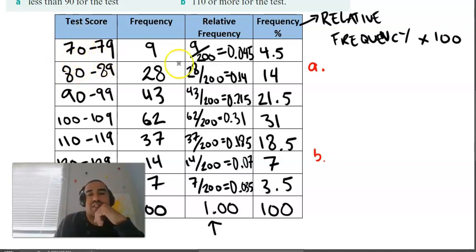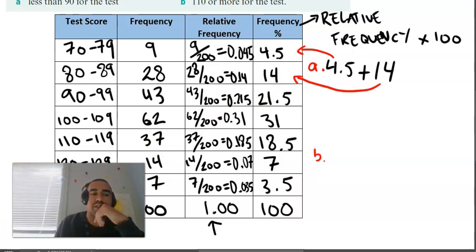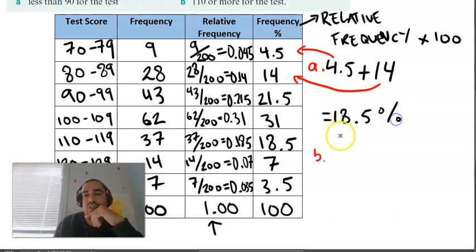And we're looking for the percentage. So all we have to do is get 4.5 and also get the 14, and they came from this number here and this number here. And this will give you the percentage of test scores less than 90. So in this case, this is going to equal 18.5%. In other words, 18.5% of people got an IQ test score less than 90.